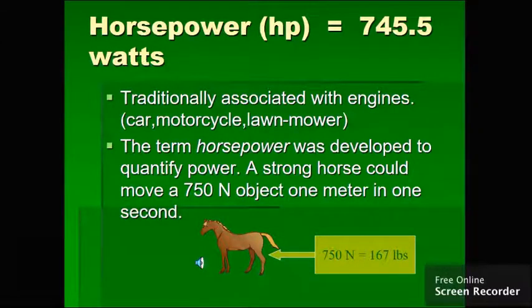As anybody who's shopped for cars or thought about your 0 to 60 time, horsepower is important. 745 watts equals 1 horsepower. So a horse can pull a load of, in the picture down below, 167 pounds. The 1 horsepower can move that object 1 foot in 1 second. I'm sorry, 1 meter in 1 second.